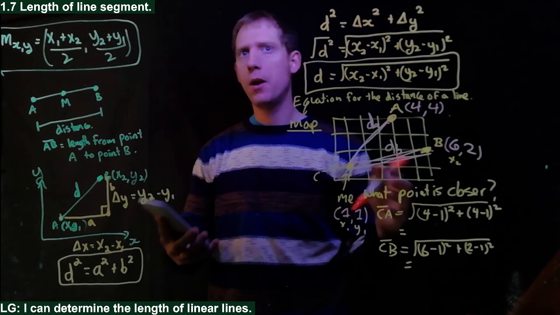This has a smaller distance, so point A is closer to me. Okay, there we go. So that's the idea. We can use the distance formula to find the distance, and we can determine if something's farther away from me or closer to me on a grid kind of system.